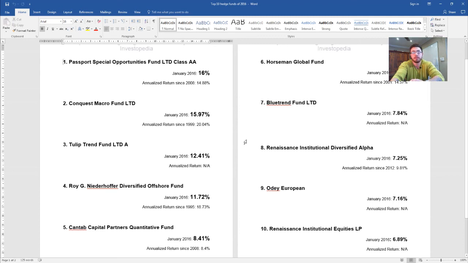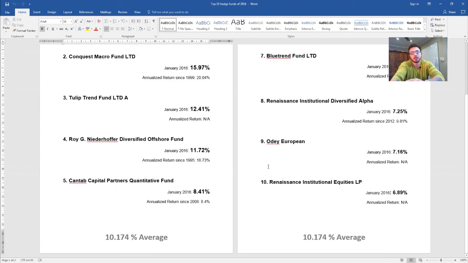Some of these groups are very, very good hedge funds. And you can see the average return from 10 of the best hedge funds in the world is 10.174%.